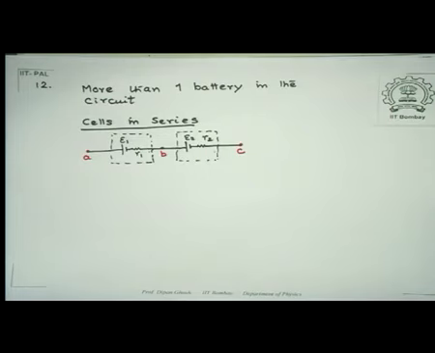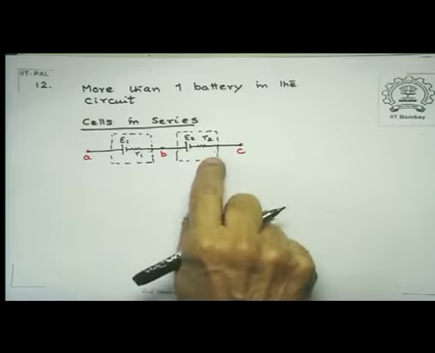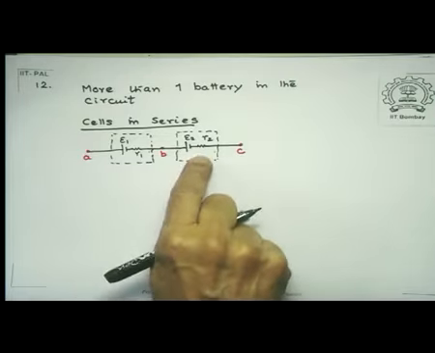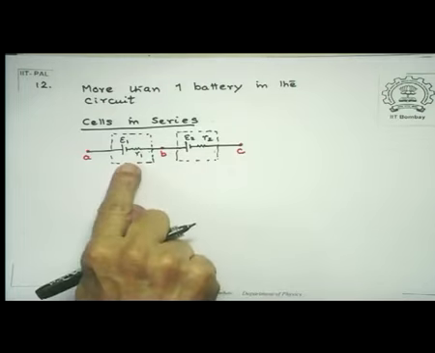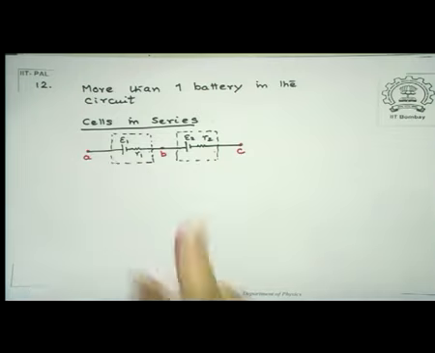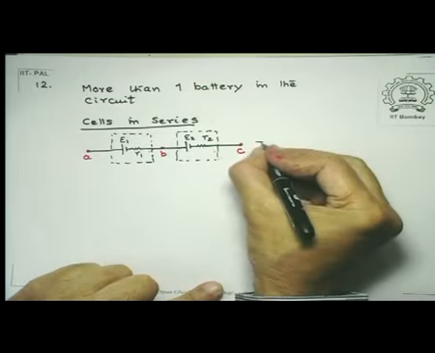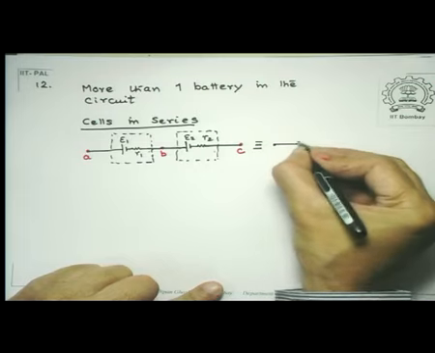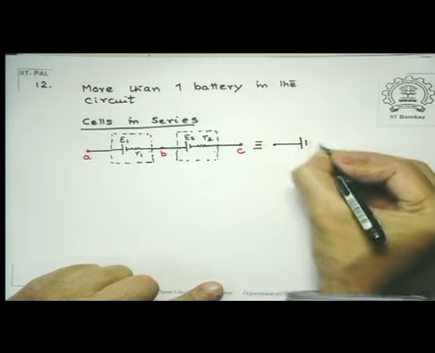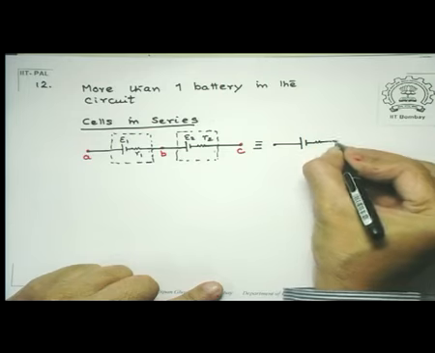Now what I am actually going to do is this. I am asking the question, is it possible to replace this combination with an equivalent cell? That is, is it equivalent to, between A and C, having an equivalent combination like this?